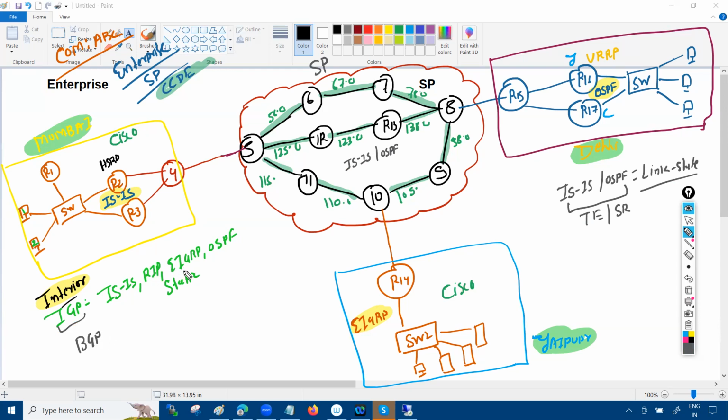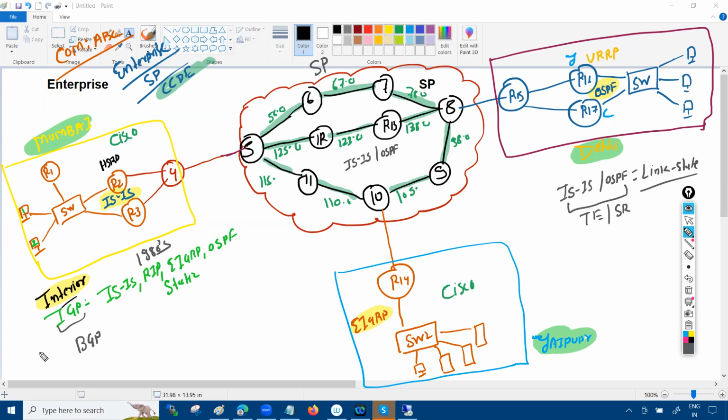Whatever protocols you are seeing right now on this dashboard, all of these protocols are from the 90s, 80s time. Engineers made enhancements in the protocols and relaunched different RFCs and different features, but originally these protocols came in the 90s and 80s.